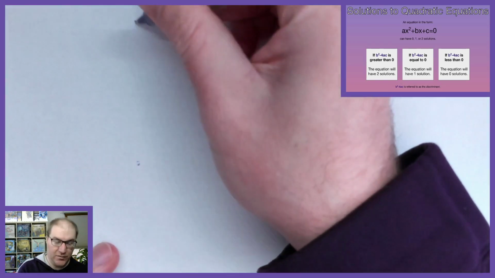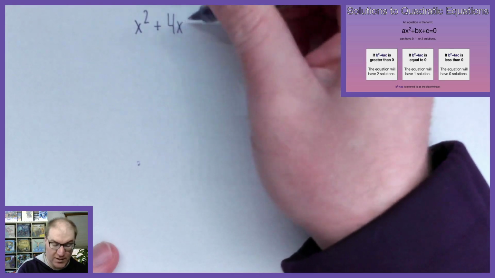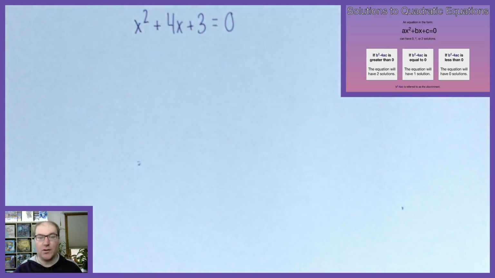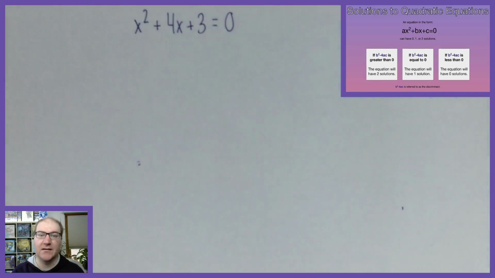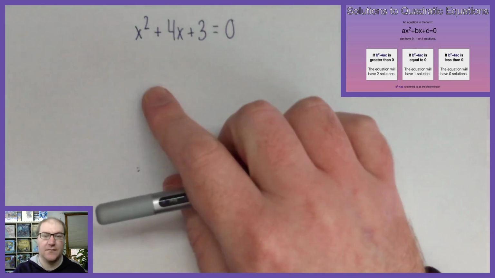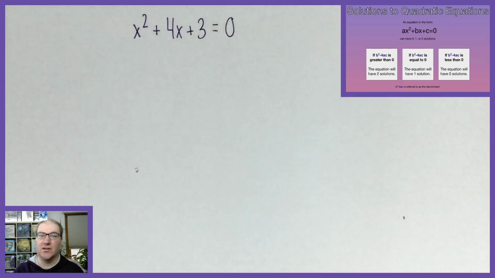If I give you this equation, x squared plus 4x plus 3 equals 0, you can predict how many solutions this equation will have without actually solving it. We're going to learn how to solve it eventually, but for now, we're just going to predict how many solutions it has.